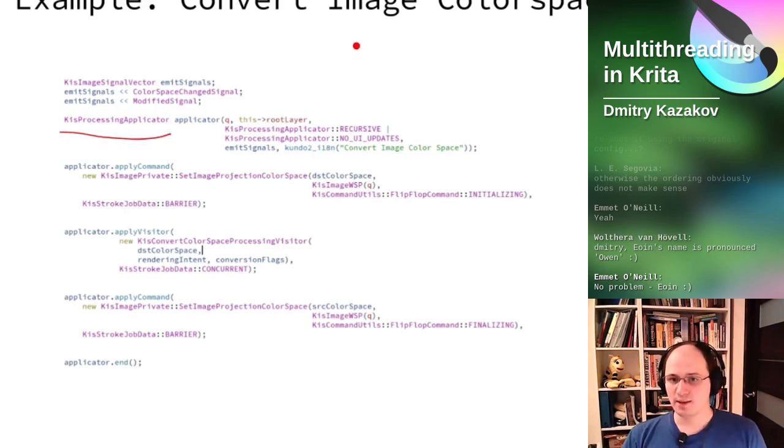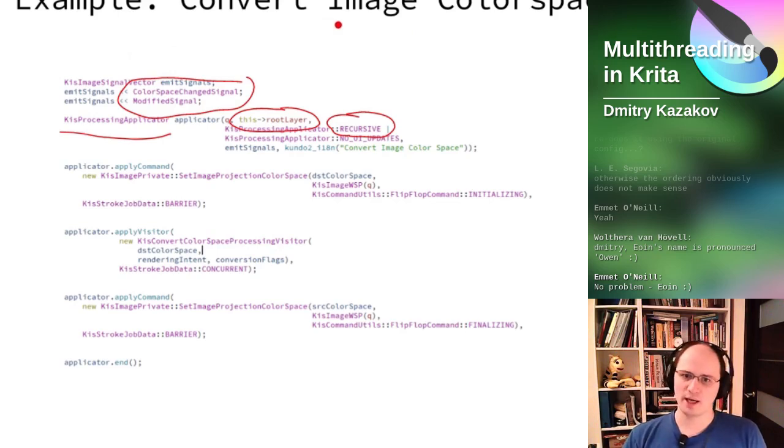We tell it that we want to process the root layer of the image, and we want to process it recursively. That is, the applicator will be applied recursively on all the sublayers of the root layer, basically on every layer. We also instruct the applicator that we want to emit these two signals, color space change signal and modified signal.